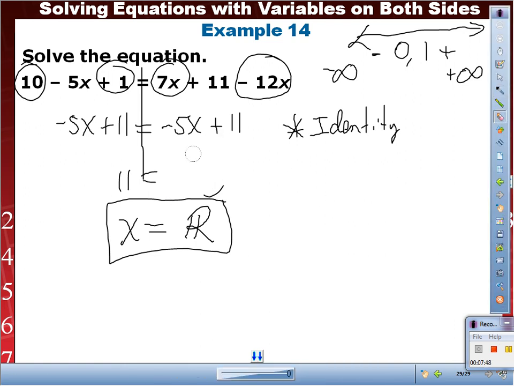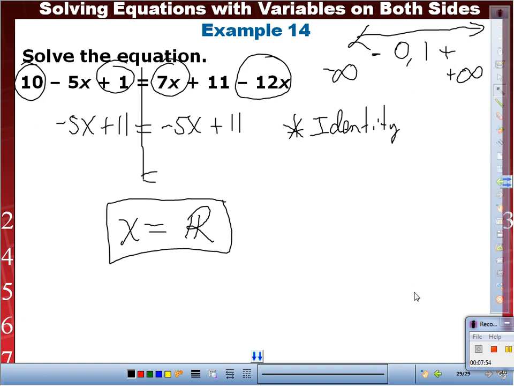Good. So this will only work when this is identical to this one. That's why it's called a what? Identity. Everybody got it? All right, copy this next one, please.